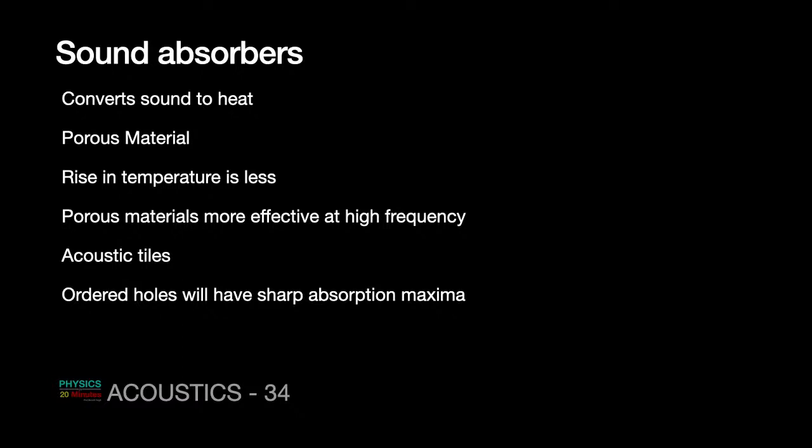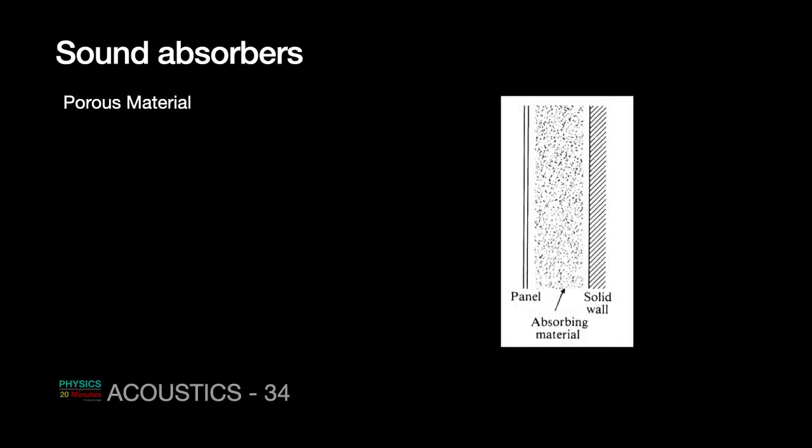So they are very useful in cases where the sound generation happens at a particular frequency. Then they can absorb those frequencies. And random holes will have a broader absorption frequency pattern. So there are two examples.